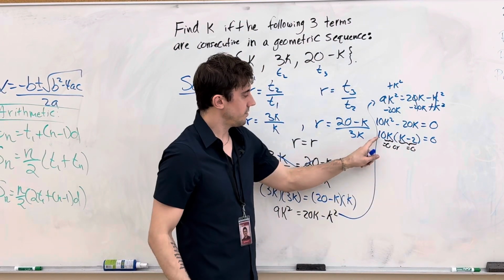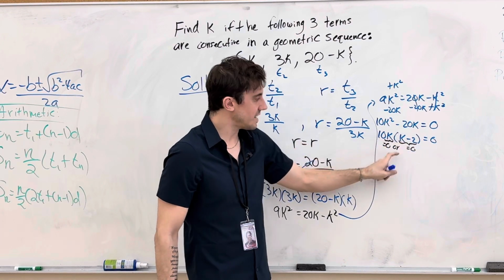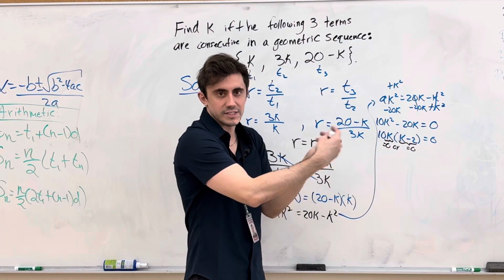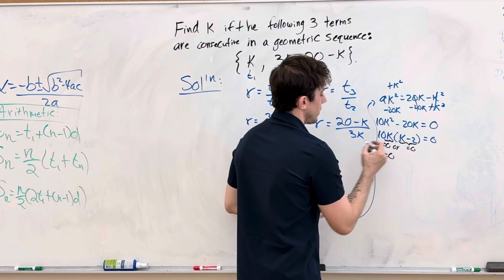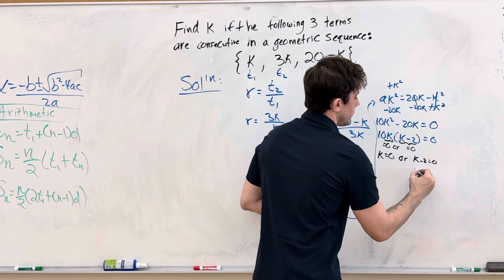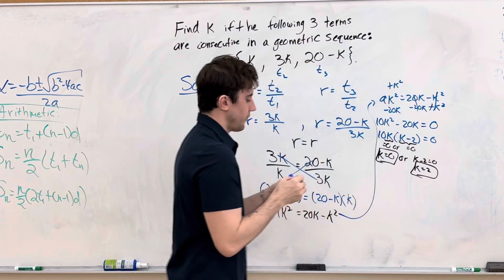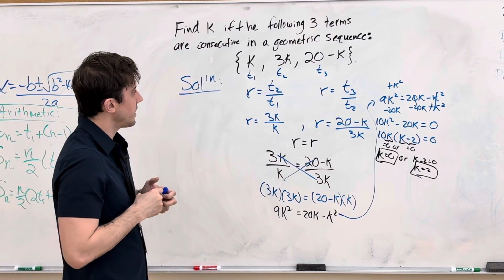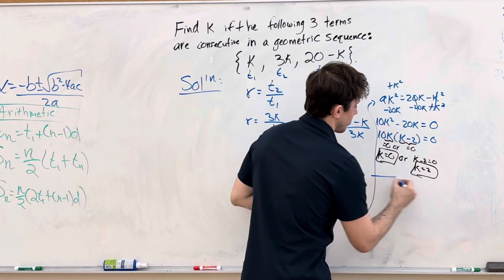One of the individual parts of this product has to be 0 for the product of the entire thing to be 0, right? And so either k is equal to 0, or k minus 2 is equal to 0, which would mean that k is equal to 2. And so we have two different options for our value of k. And so we could look at these two cases separately.